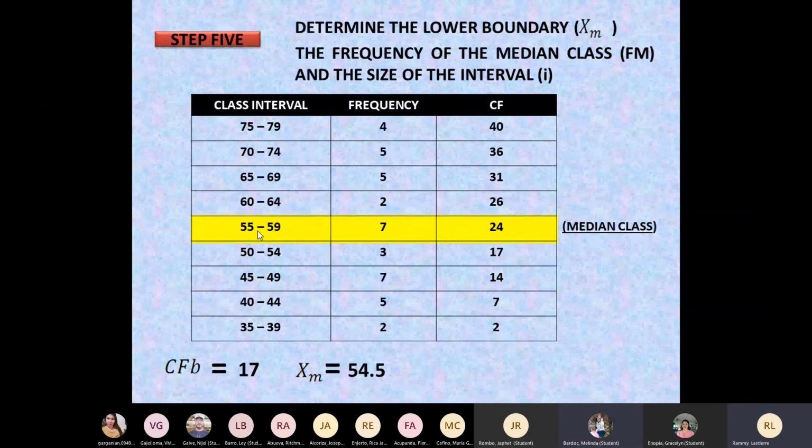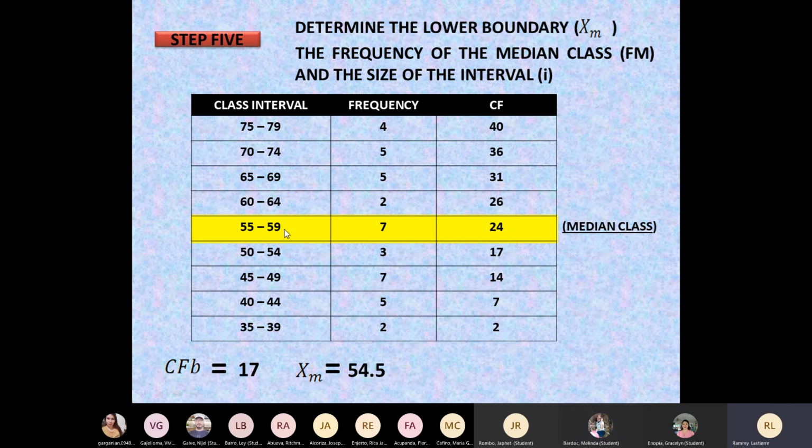The boundary is obtained by subtracting 0.5, so 55 minus 0.5 is 54.5. Lower boundary means we are referring to the lower limit, not the upper limit.